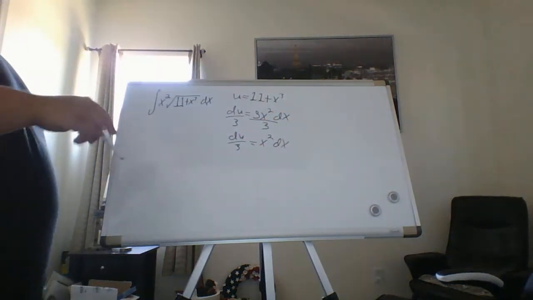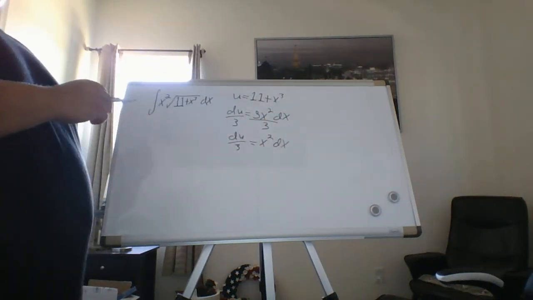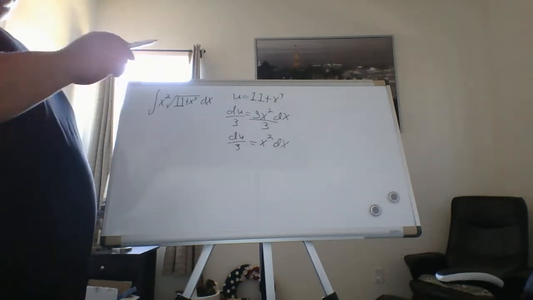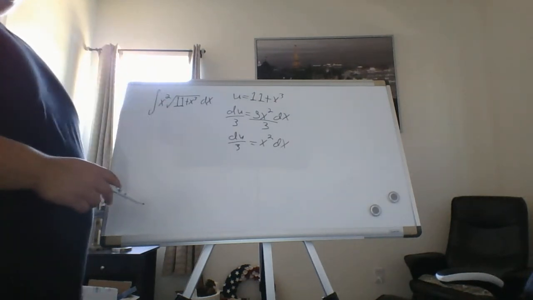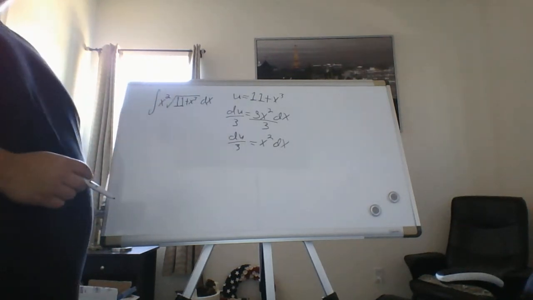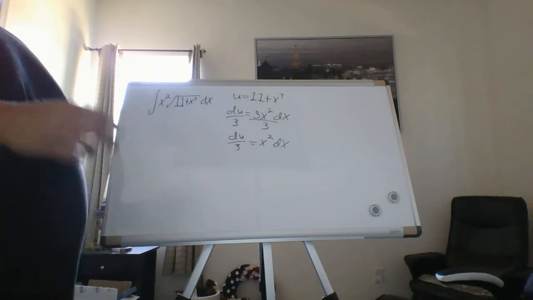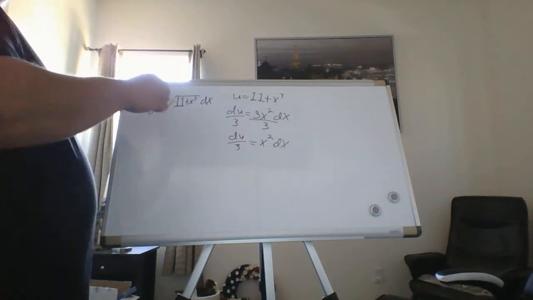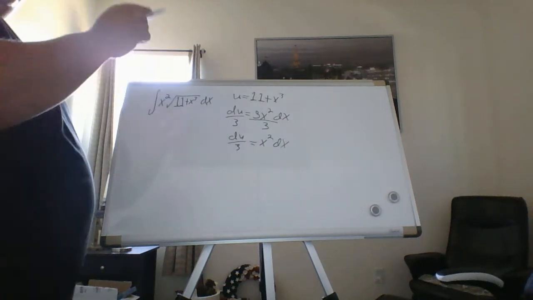This wouldn't work if we didn't have this x squared here. So it's a good thing we do, because we can replace x squared dx with du over 3. Easy, simple. And we replace 11 plus x cubed with the u.